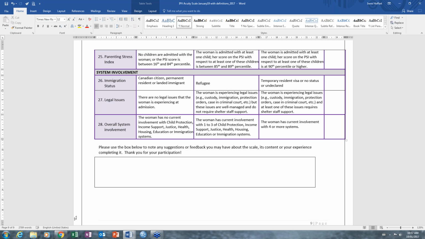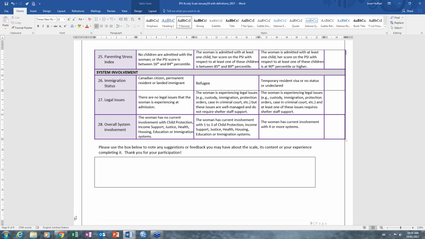If you're involved with an immigration system, oh my goodness, there's a lot of problems and barriers you need to negotiate. Same with the legal system. And then we also have the overall system involvement, just to get a feel for how much work she has to do to maintain her situation or manage where she's living or how she's managing.